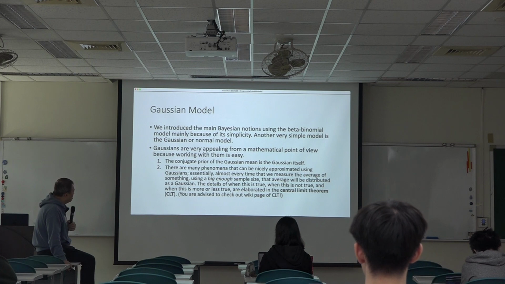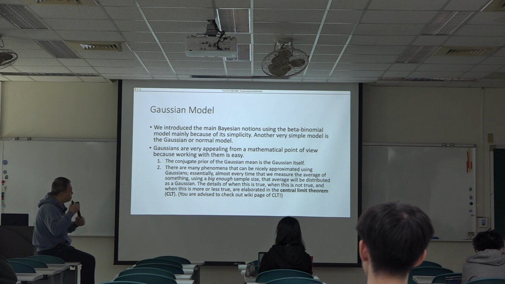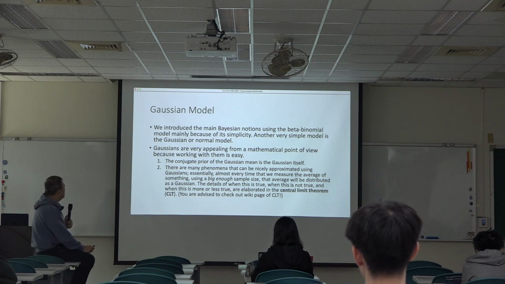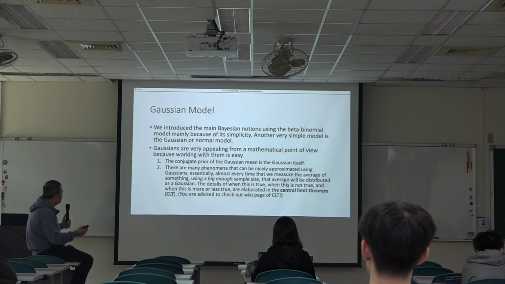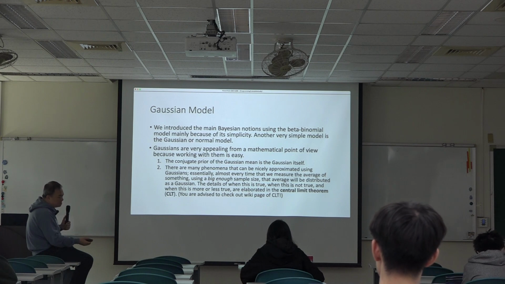But for a Gaussian likelihood, okay, you can also use a Gaussian prior, because the Gaussian prior is also the conjugate prior. Okay, by the way, Gaussians are very appealing from a mathematical point of view because of their simplicity. Okay, first, the conjugate prior of a Gaussian is Gaussian itself. Okay, so that's the first benefit of that.